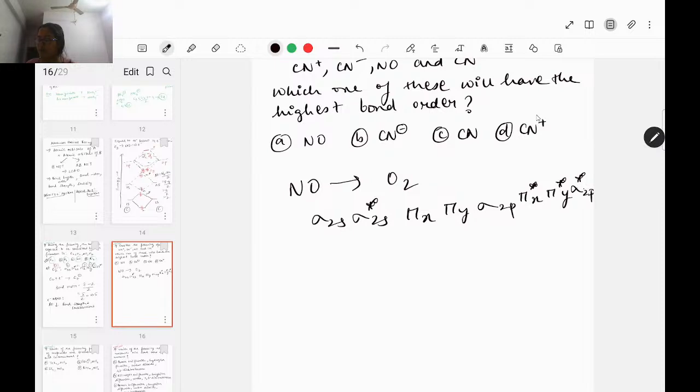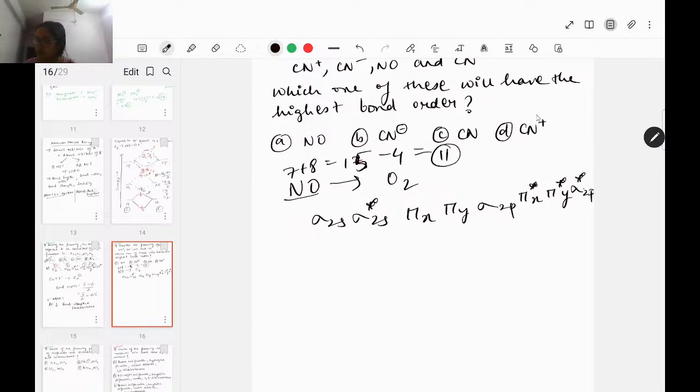What is the total number of electrons in NO? 7 plus 8, which is 15. So 15 minus 4, because we are eliminating the 1s, is 11. So the total number of electrons in NO is 11.